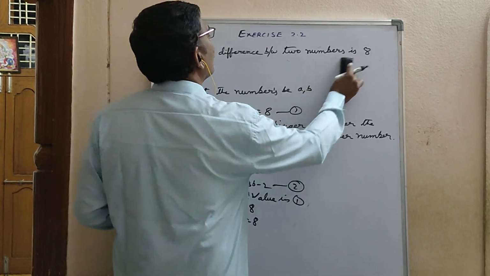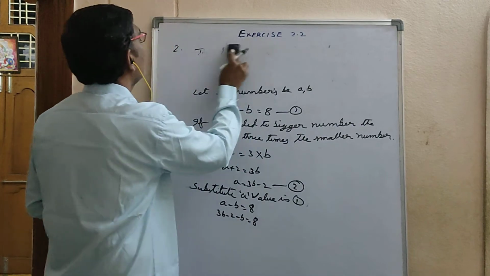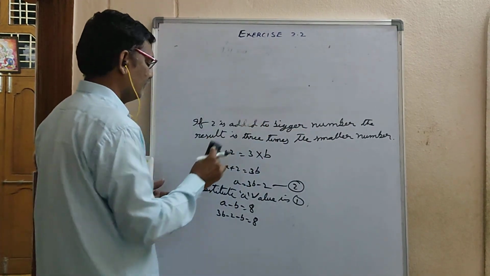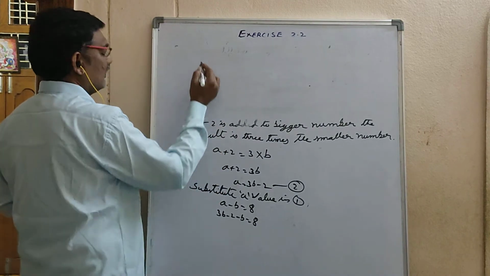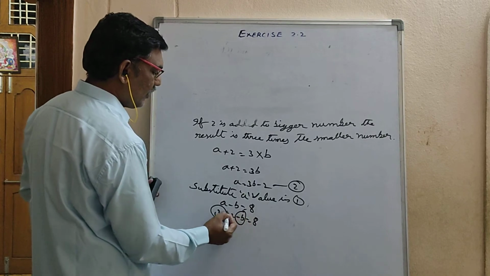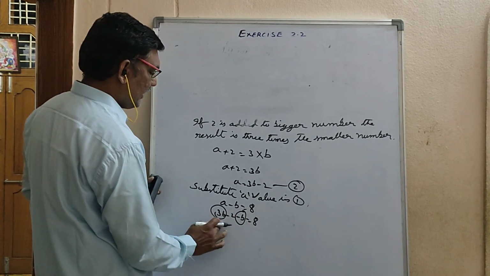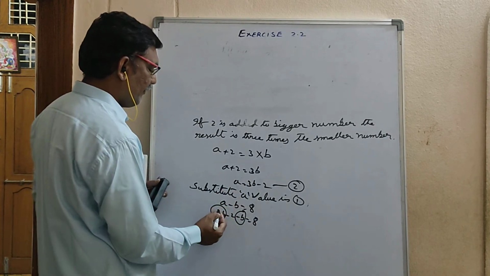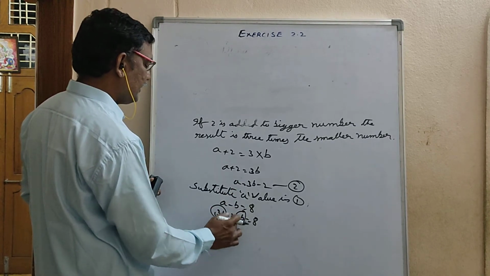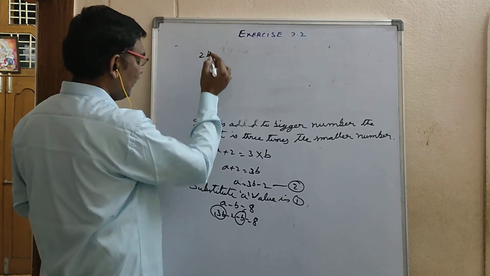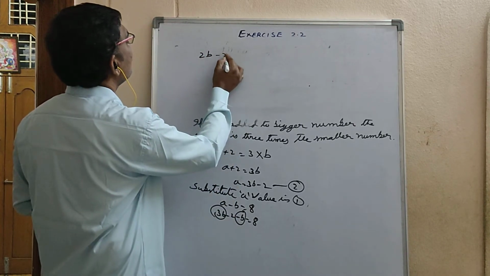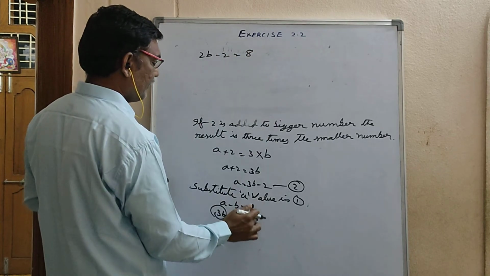This I'll carry to the top so that you can see perfectly. Now 3B and here minus B. These two are called like terms. 3B minus B. From 3B you should subtract 1B. 3B minus B is 2B. What constant is remaining here? Minus 2 is equal to 8.